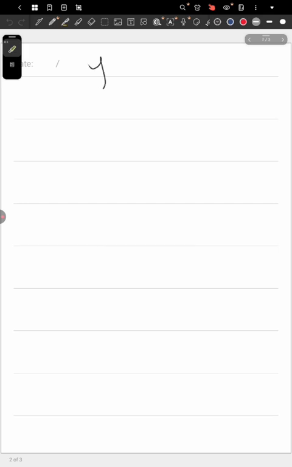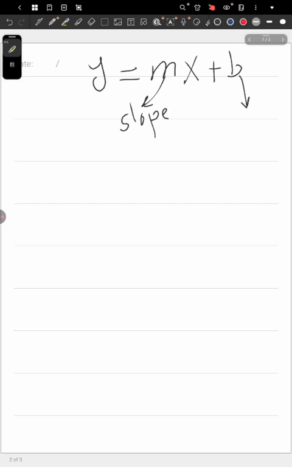The equation of a straight line must be, remember, y equals mx plus b. m is the slope, and b is the y-intercept. Then if m equals 2 and the intercept of the y-axis means b equals 4, then the equation is y equals 2x plus 4. That's very easy.